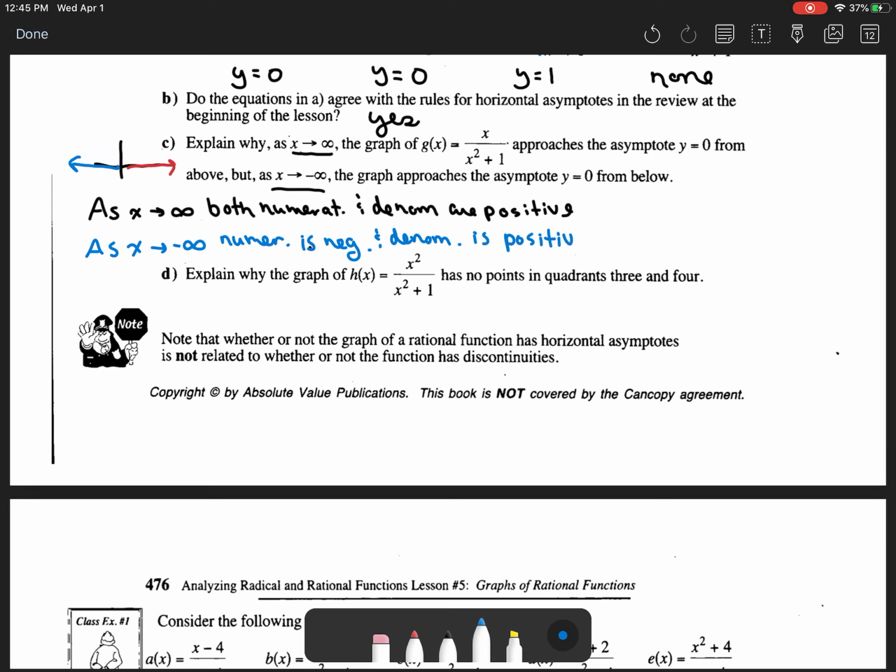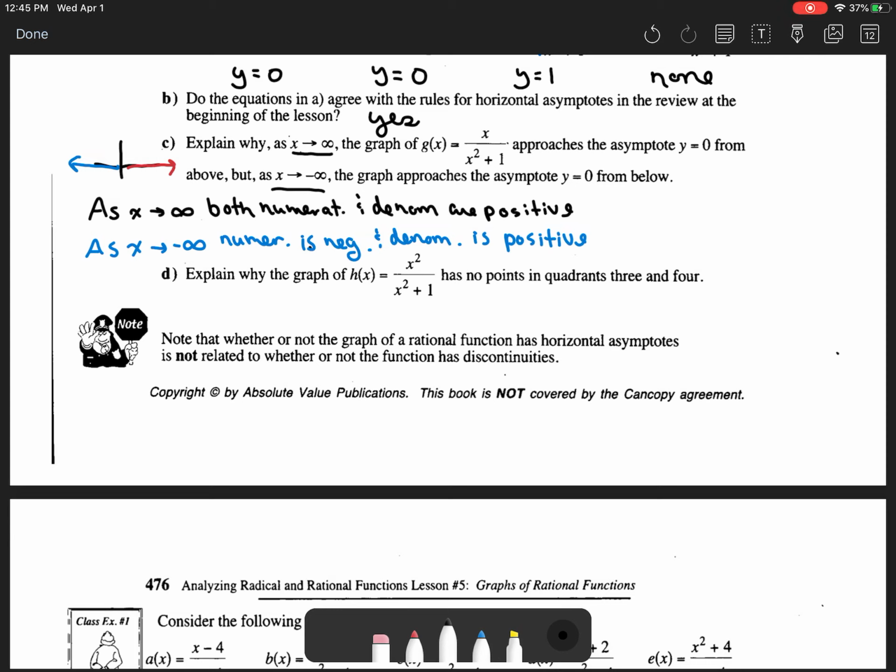So we know a negative divided by a positive is a negative. So the numerator will always be positive when you substitute positive x values in. The numerator will be negative when you substitute negative values in. So the function changes from being positive to negative when I'm to the right of the y-axis as opposed to when I'm comparing it to the left of the y-axis.